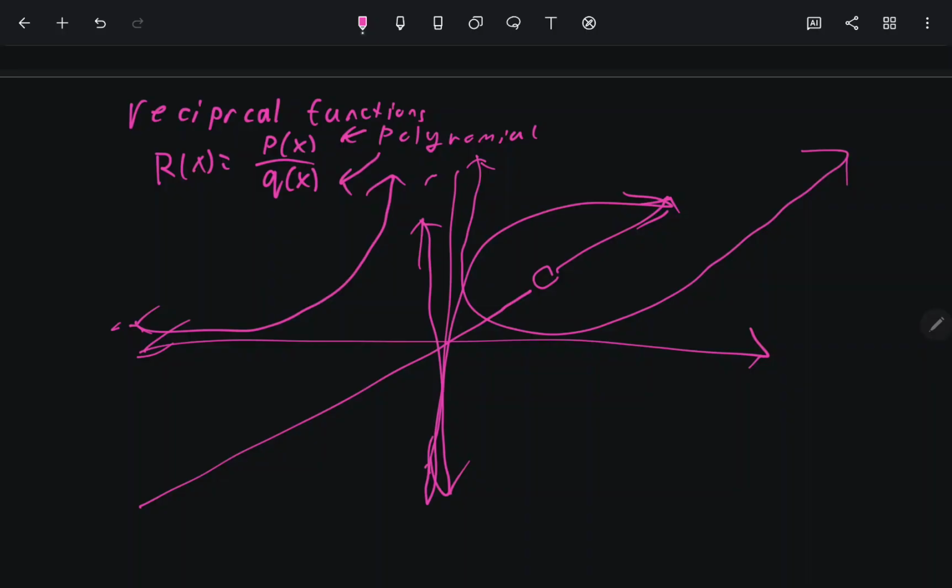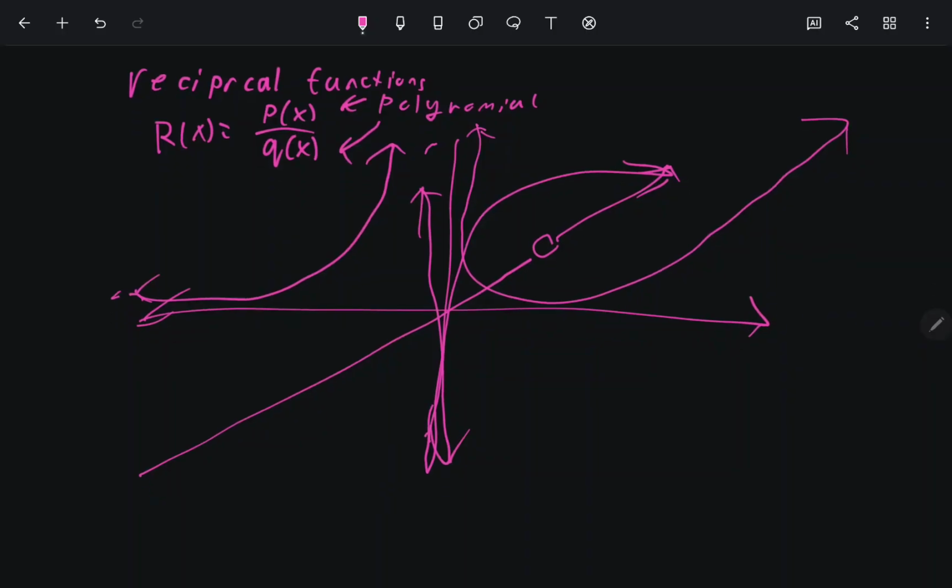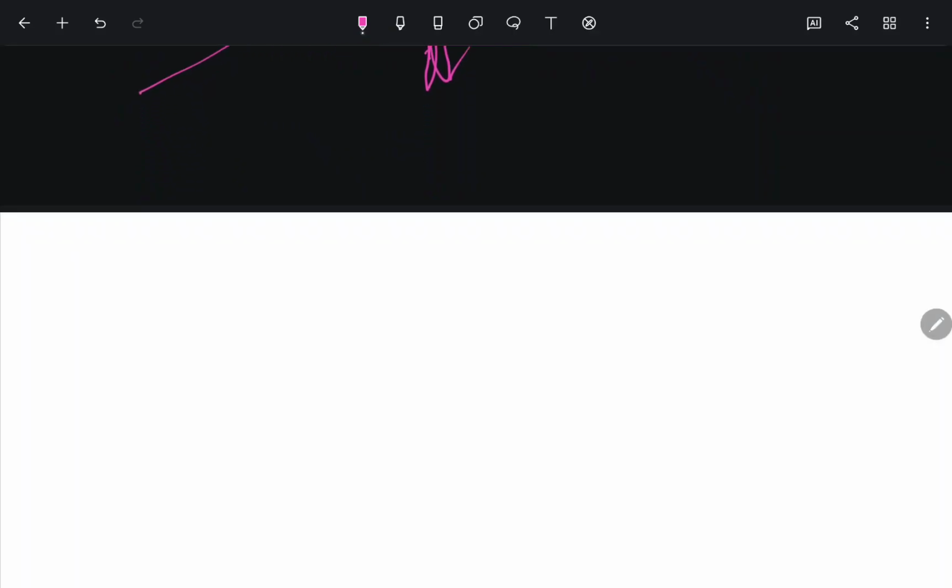But I think there are a few more unique ones. All of the functions that I have described thus far are algebraic functions.